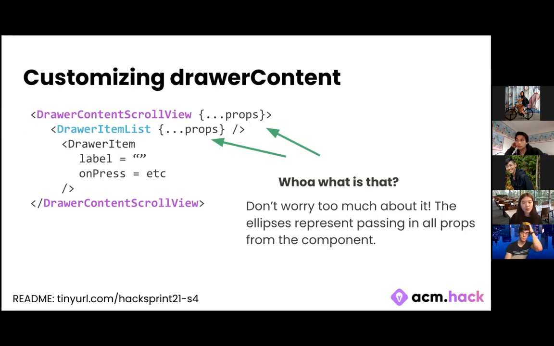That's when you want an additional item to be added to your drawer besides the props that are listed up here. Quickly, to go over what these ellipses and props and a curly brace are: I wouldn't worry too much about it at this stage, but the ellipses represent passing in all the props from the component. If you have more questions about it, feel free to message us or ask later, but it just makes sure that everything laid out in our functions is put onto our drawer.